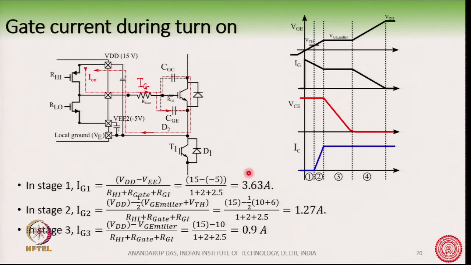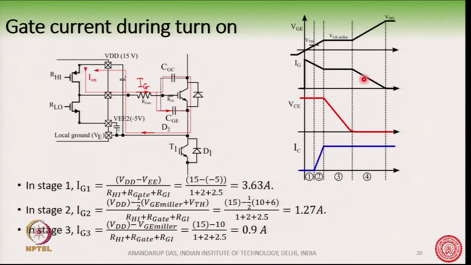Sometimes people do not use minus 5, sometimes they use minus 8 also, it is a designer choice. So, 15 minus 5, and then R high we have taken 1 ohm, R gate 2, and then RGI 2.5, and we get this amount of current. This is the peak current IG1 here.